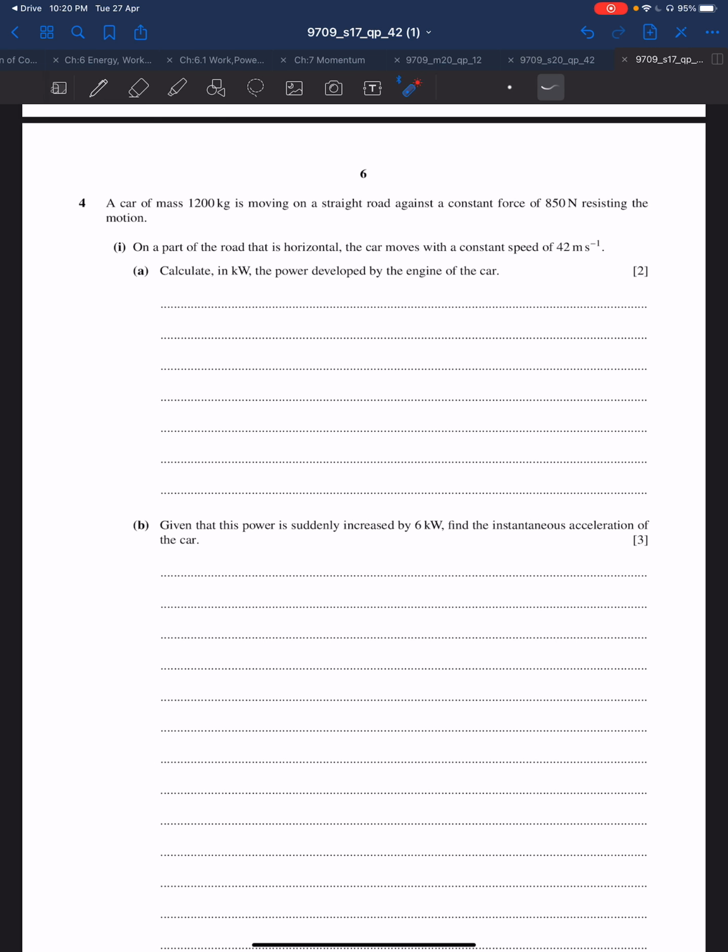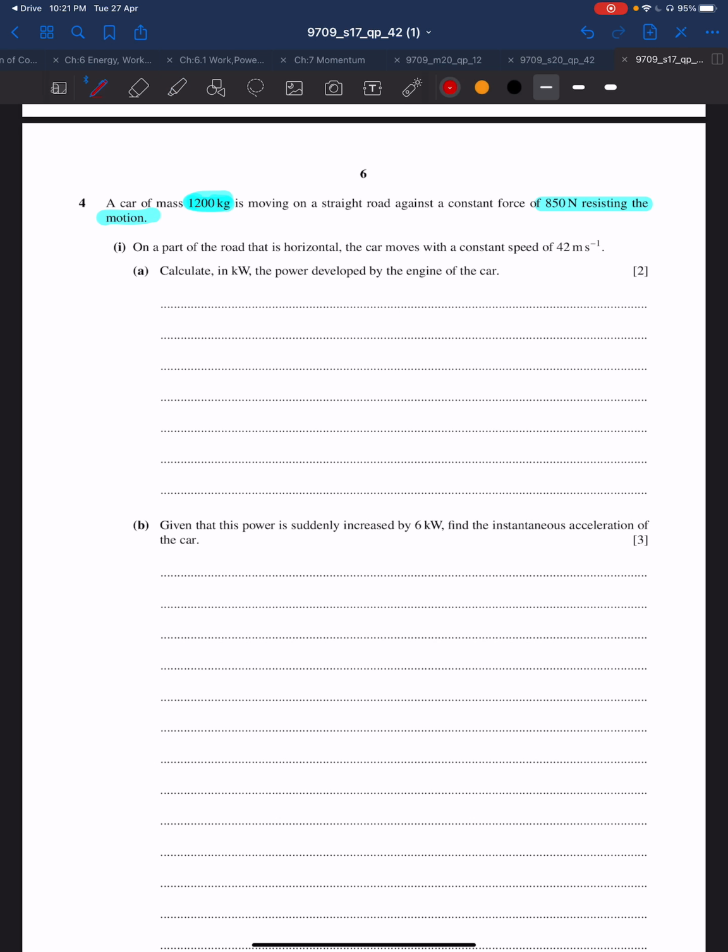Okay, a car of mass 1200 kg is moving on a straight road against a constant force of 850 Newton resisting the motion. So you are given two things: this is the mass, and this is the resistance force.